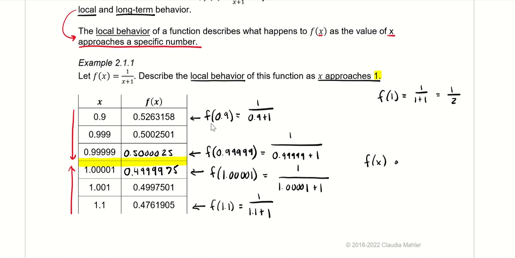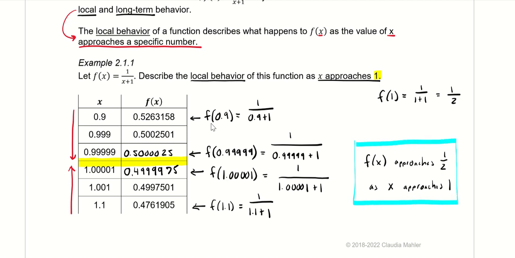So f of x approaches 1/2 as x approaches 1. That's basically what we've shown here, without doing any sort of calculations, other than just filling in this table.